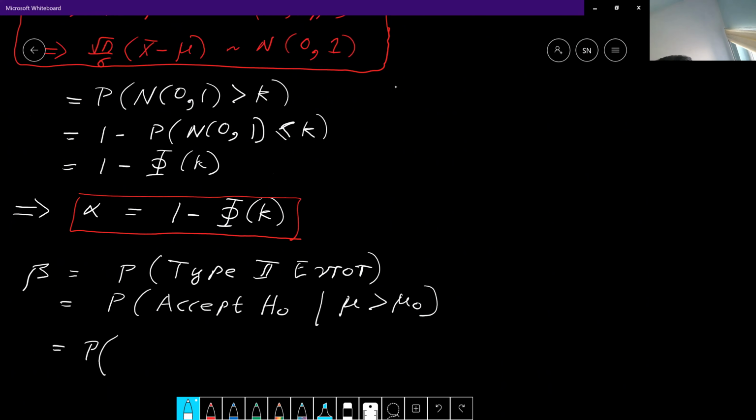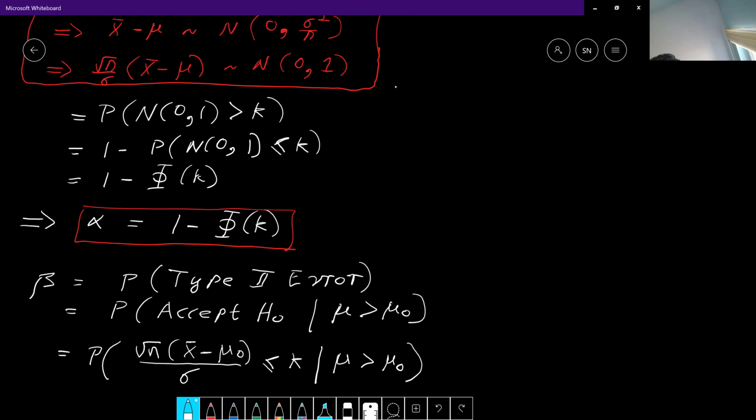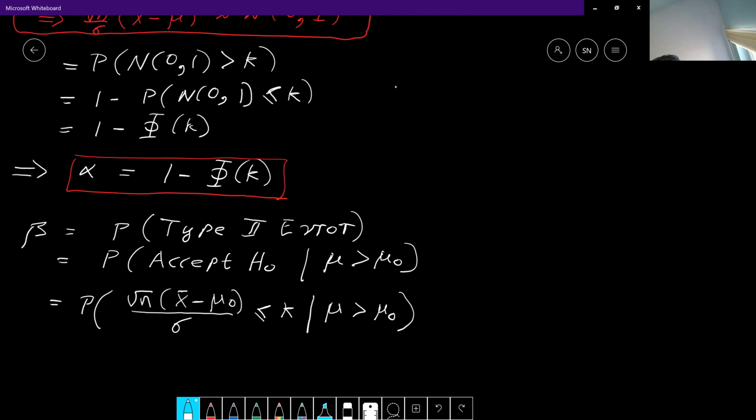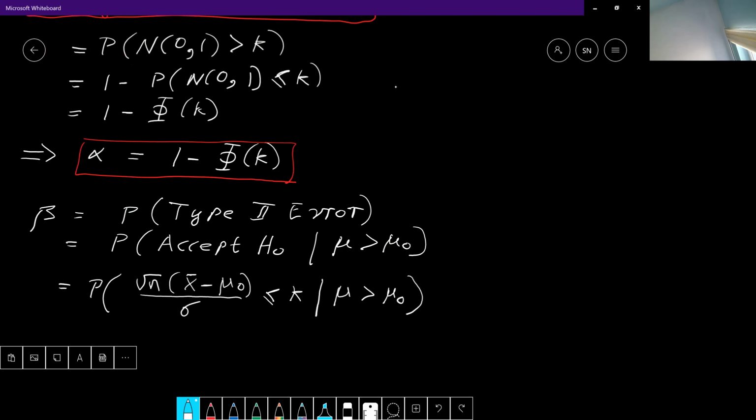So you can write this as the probability that root n times x bar minus mu0 divided by sigma is less than or equal to k, given that mu is greater than mu0. You follow me, right?